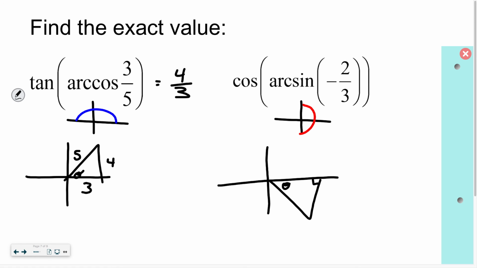Remember, r is always positive. So 3 has to be positive. Y has to be negative, which makes sense in the picture. I'm going down. You would solve Pythagorean theorem, what? 9 minus 4 is 5, square root 5. And because I'm going to the right, it's positive. So the cosine would be square root 5 over 3. So if you see this mix and then all of a sudden you're like, that's not on the unit circle, you should draw a picture.